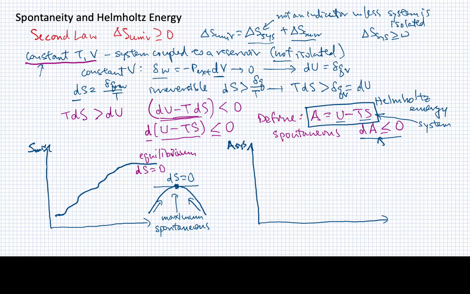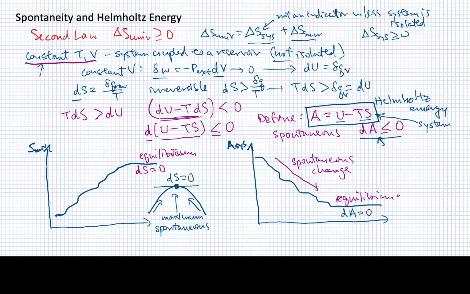It may start up here and gradually work its way down, but it's eventually going to reach a point where it levels off, and at this point the change in the Helmholtz energy becomes 0, and again we have achieved an equilibrium of sorts that represents the end of spontaneous change. So spontaneous change is now marked by this downward arc in the Helmholtz energy.